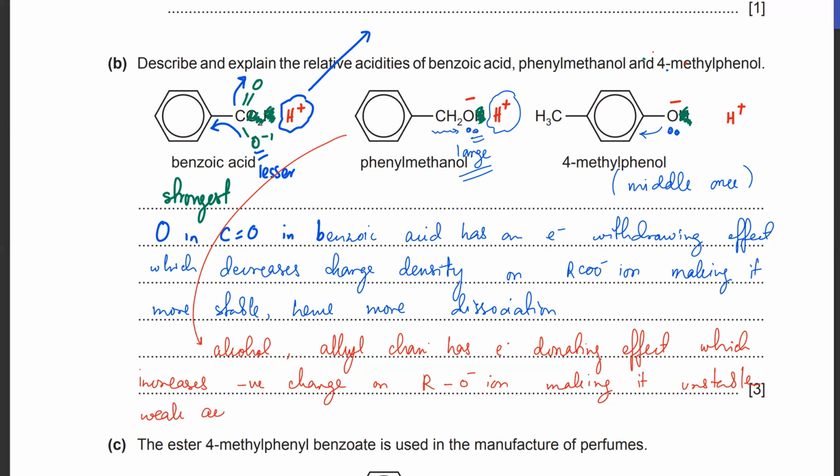Sir, in methylphenol, it has an alkyl chain as well, but we are not considering it as a weak acid because it has a phenol in it. This chain, right? Yes. The problem is the OH has nothing to do with the methyl. It's bonded to a benzene, right?